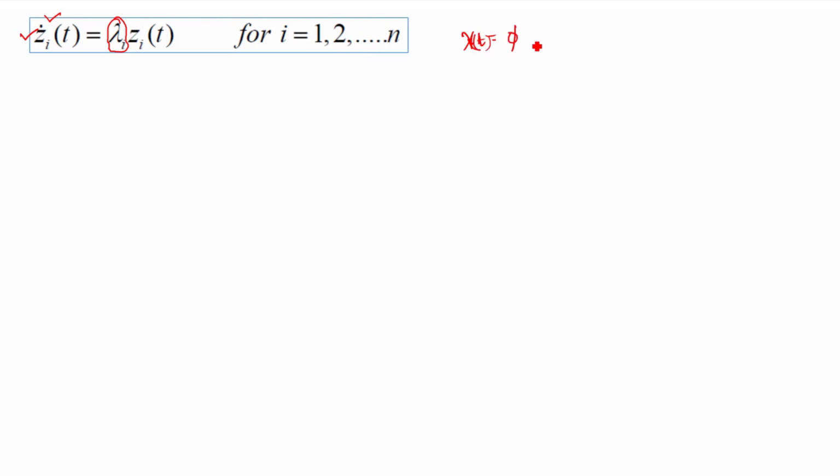phi of z(t). Here we can see this x(t) equation is not decoupled in terms of the eigenvalues, because x dot is equal to Ax plus Bu, which is not a decoupled equation.